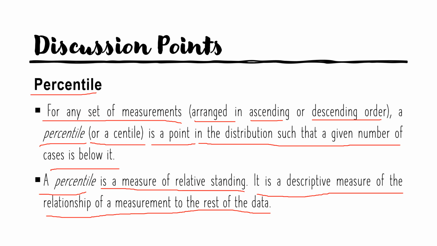This means that John's score is equal to or higher than 90% of his classmates. This is denoted as P of 90, or the 90th percentile is equal to 85. Or we can read this as the 90th percentile is 85, which is the score of John.